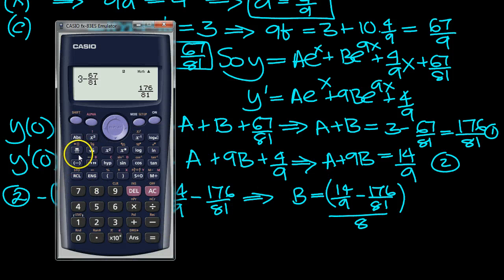Let's put a bracket because it's a top number. 14 ninths, let's put it in as a fraction, 14 over 9, minus fraction 176 over 81. Close the bracket on top when we've got out of the fraction. Close the bracket. Divide by 8 equals minus 25 over 324.